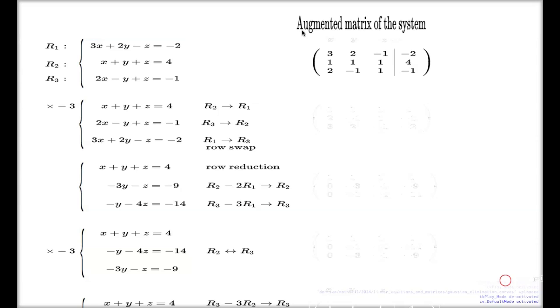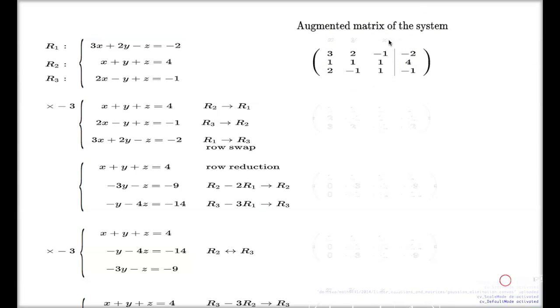But for now, all you have to remember is that rather than doing things on a system of linear equations like this, we will be doing things on coefficients, and I will combine these coefficients into these blocks of numbers, which we will call matrices in general. If this matrix has a connection with the system of linear equations, so you have a bar here, the right-hand side coefficients, and the left-hand side coefficients, then this matrix is called the augmented matrix of the system involved.